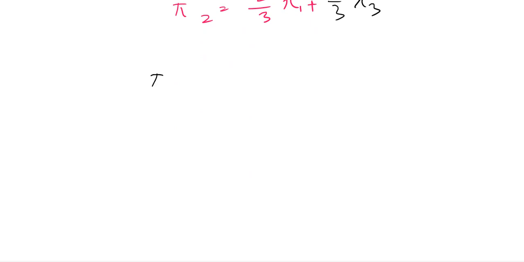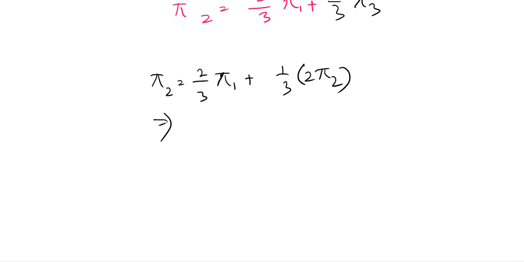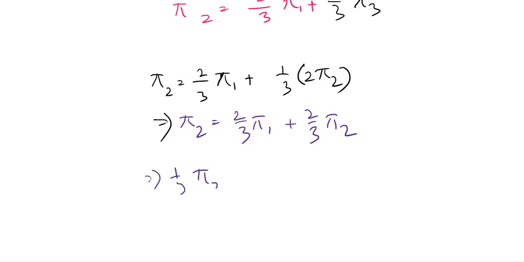That means pi 2 equals 2/3 pi 1 plus 2/3 pi 2, and rearranging, 1/3 pi 2 equals 2/3 pi 1.